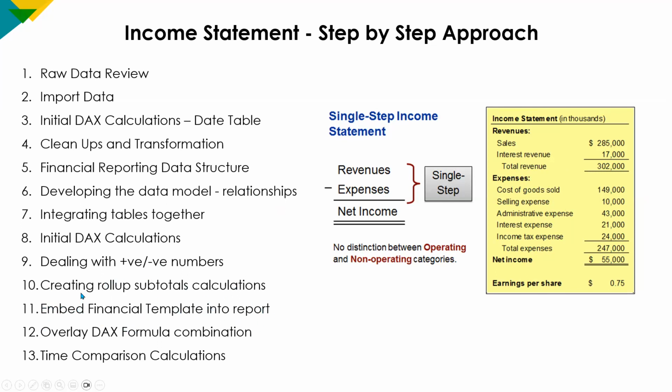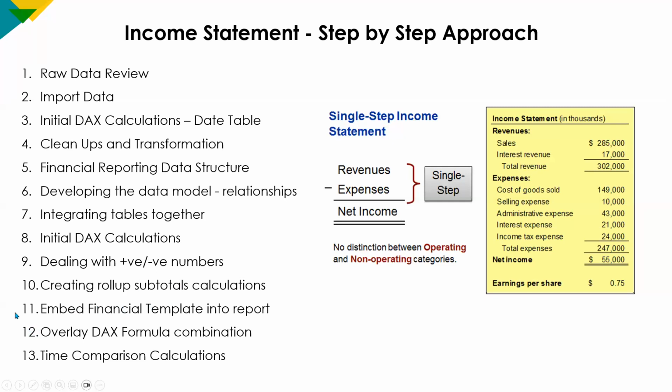So the idea is that every organization has a template for their income statement. So we are going to see a demo template, which might be similar to what your organization uses. Even if it doesn't, you'll probably see where the differences are, and you can easily tweak it.